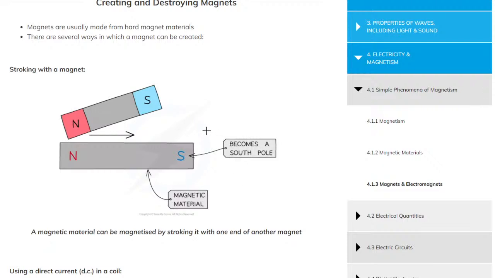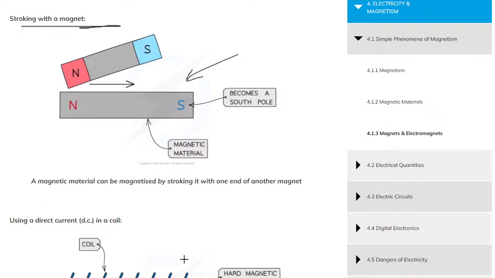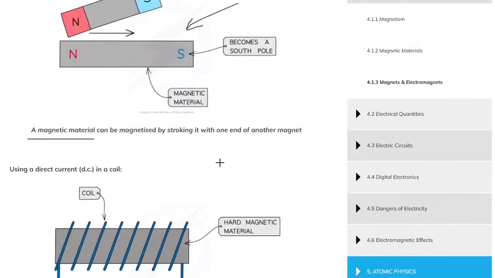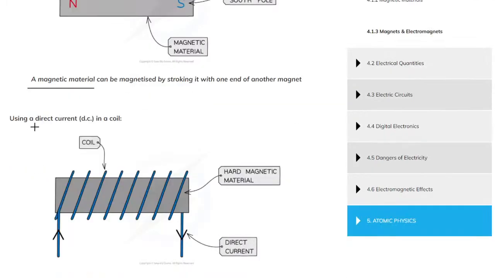So when you stroke this magnetic material, for example steel, with a magnet, then this will become a magnet. It says right here a magnetic material can be magnetized with one end of another magnet. That's quite a simple topic. And it says using a direct current in a coil, you can also magnetize.